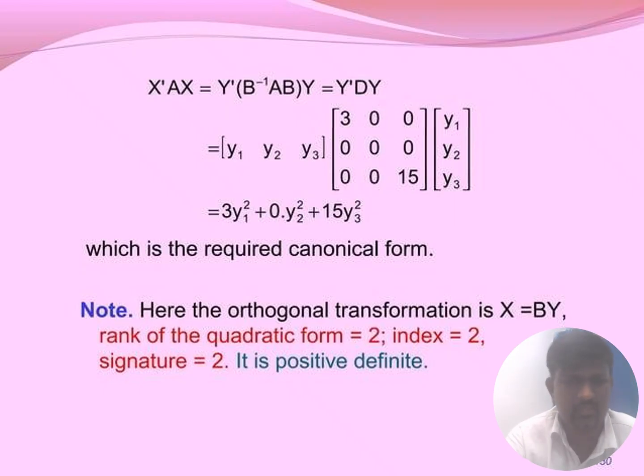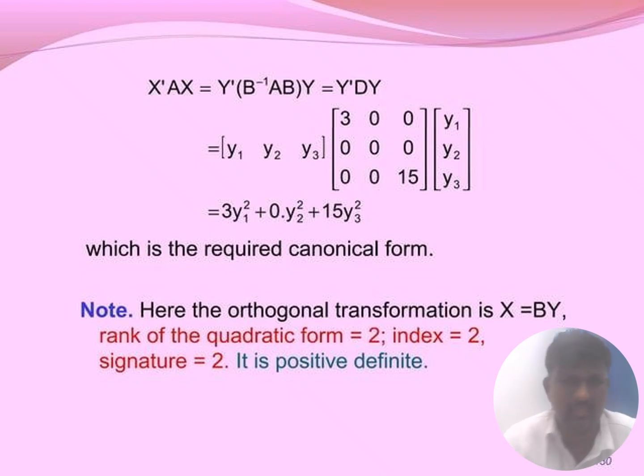This question requires the canonical form. So how to find the canonical form? It is very easy. You can find the canonical form by using the formula Y transpose D Y. Y is nothing but y1, y2, y3 in row or column format. From this slide, we can see Y transpose is y1, y2, y3.